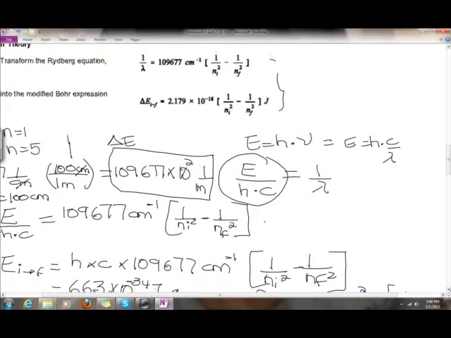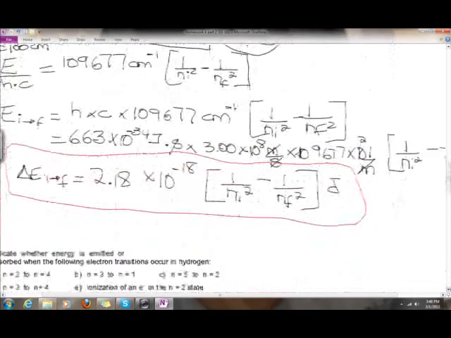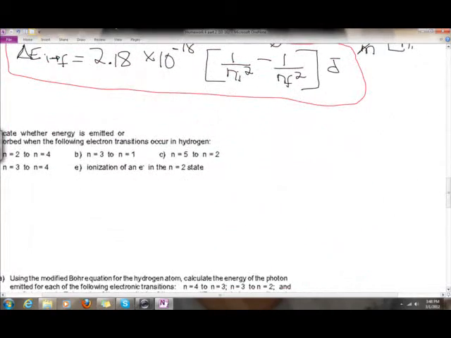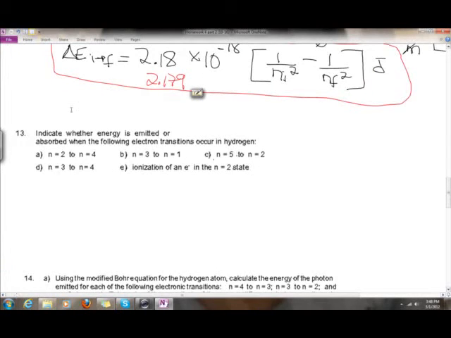Just compare it and you'll see it's the same. You see, 2.18 by 10 to the minus 18. The other one, if you look at your homework, is 2.179. Okay, perfect. Now before we go, let's stop here and I'll record a new video from the 13th to the 16th.